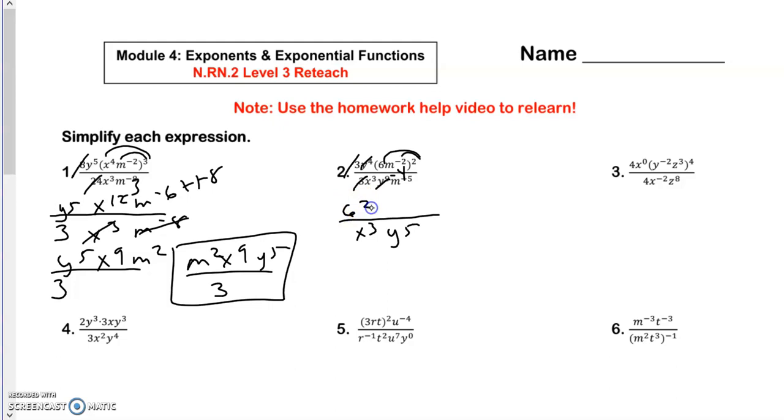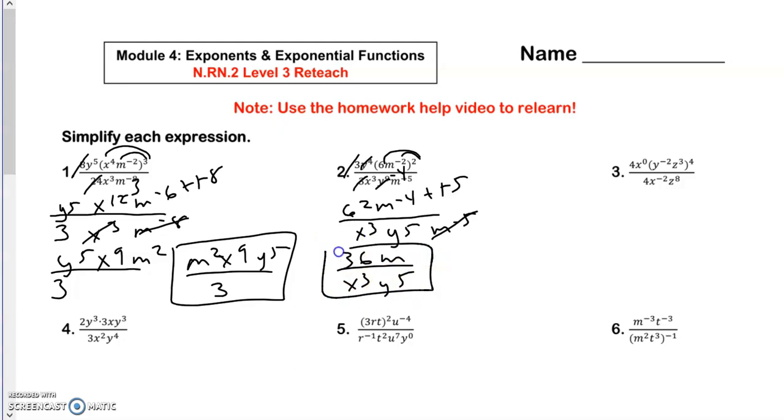So I'm going to have 6 to the 2nd, m to the negative 4th, and then I'm going to leave the m to the negative 5 down here. Well, 6 to the 2nd is 36. I got to see which one is smaller. Obviously, the m to the negative 5th. Two negatives make a positive. So that's going to get me just an m. And then I make sure it's in alphabetical order. And I am done.